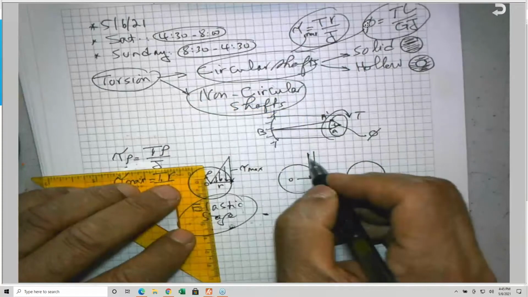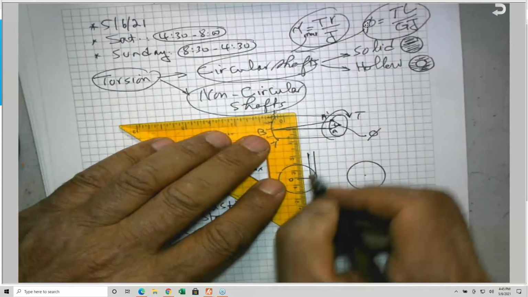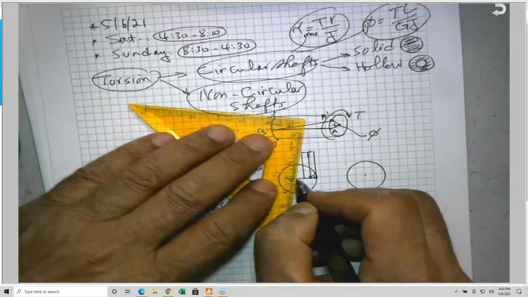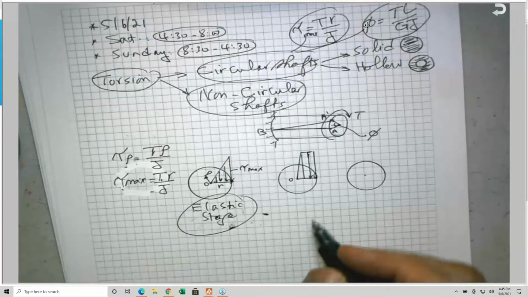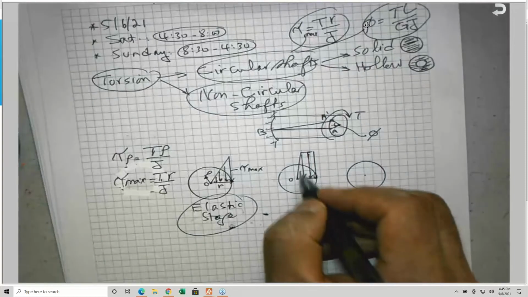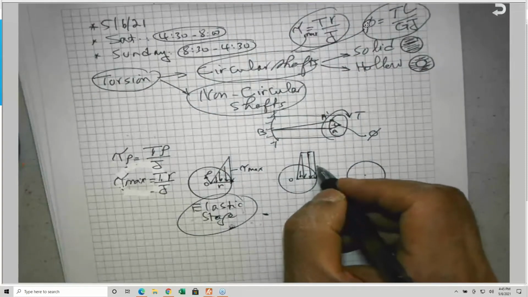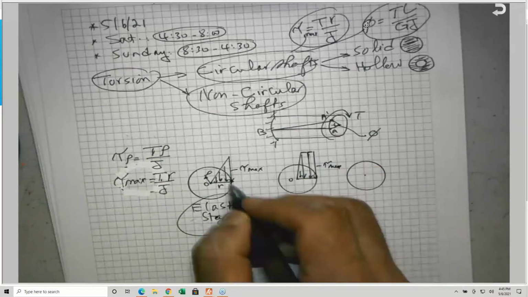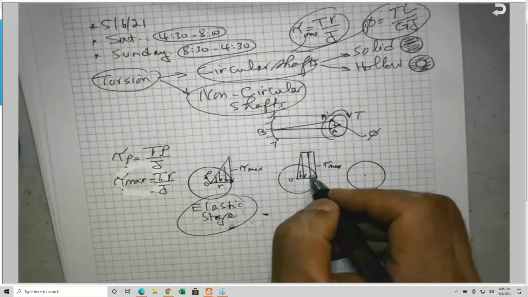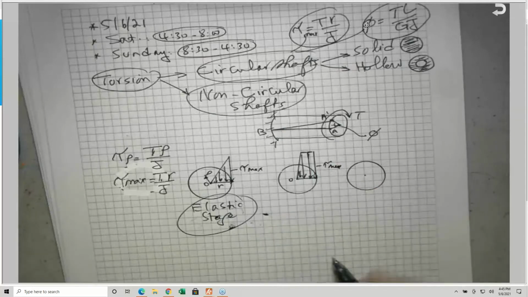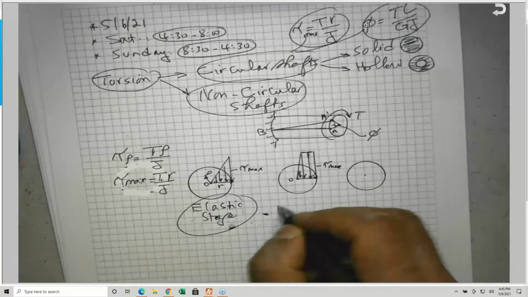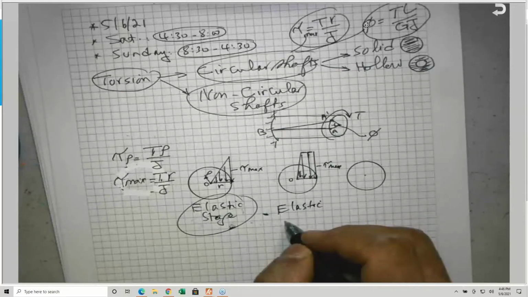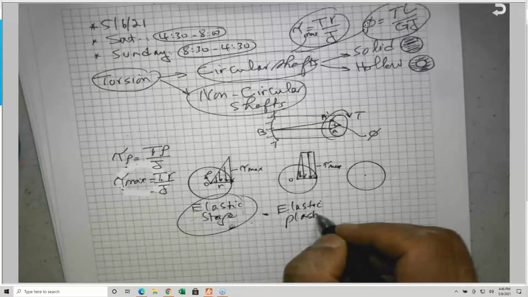So the stress starts to increase. Let me add another one here, something like that. So here is a tau max, and the next fibers to the outer fibers start to carry the maximum, until this is called the elastic-plastic stage.